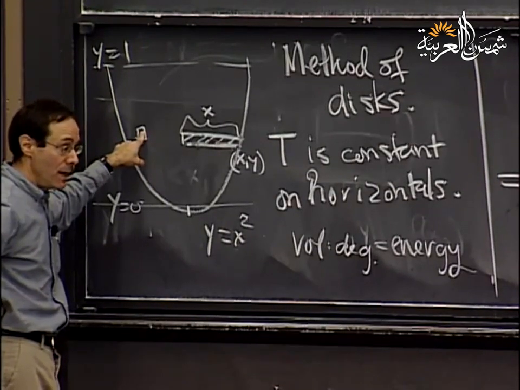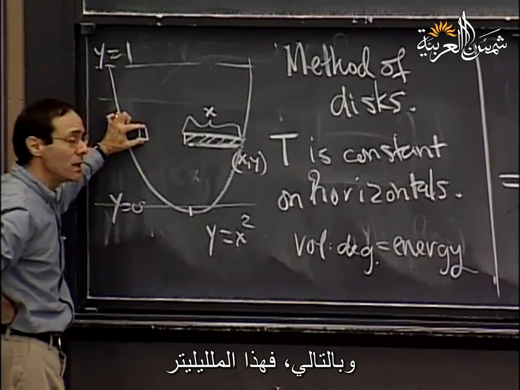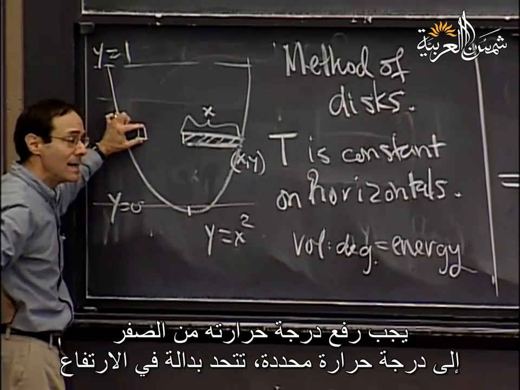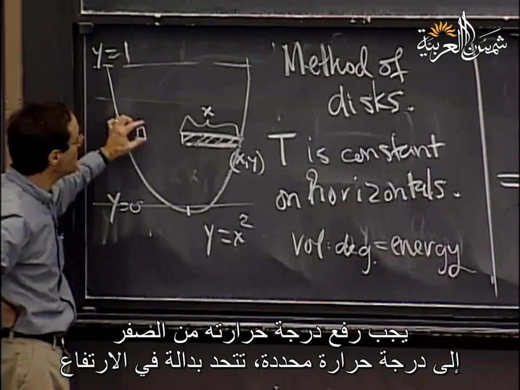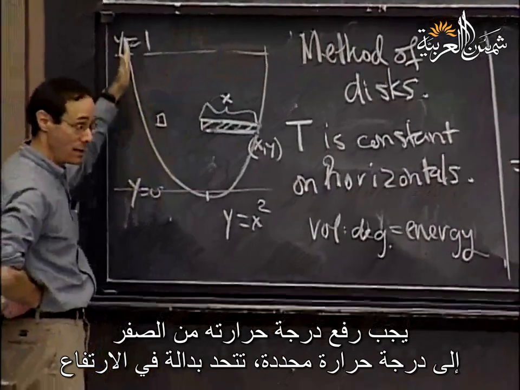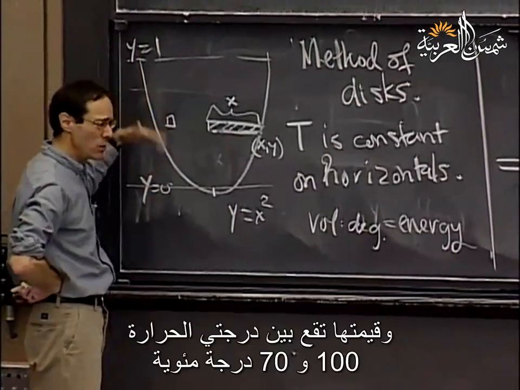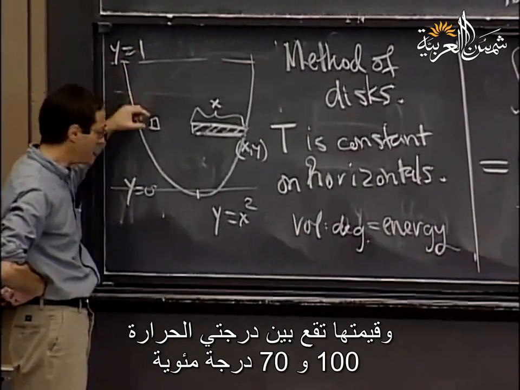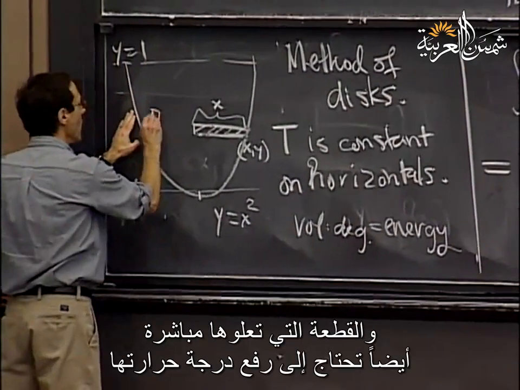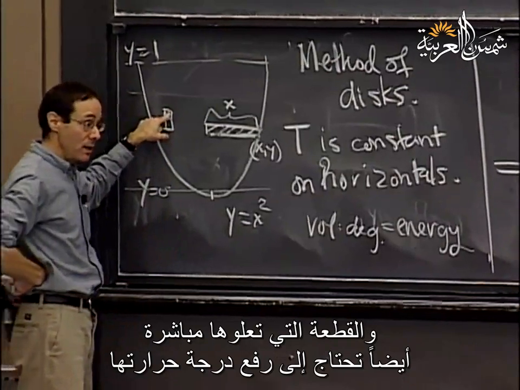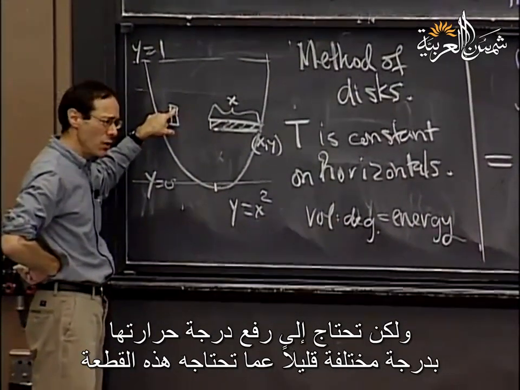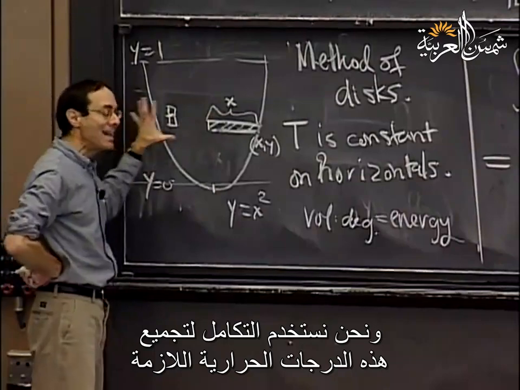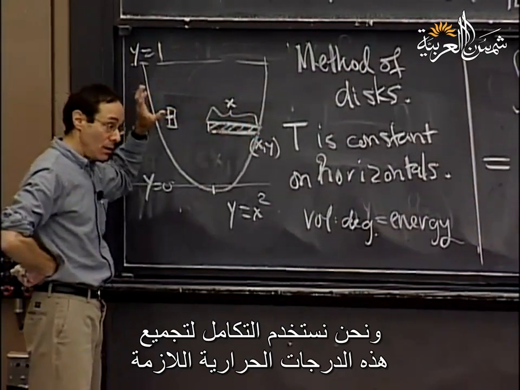temperature is. And so that little milliliter of water has to be raised from 0 to some number which is a function of the height. It's something between 70 and 100 degrees. And the one right above it also has to be raised to a slightly different temperature. And what we're doing with the integral is adding up all of those degrees.